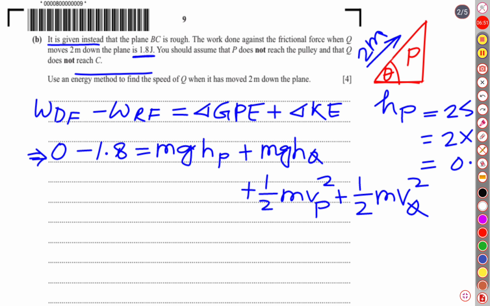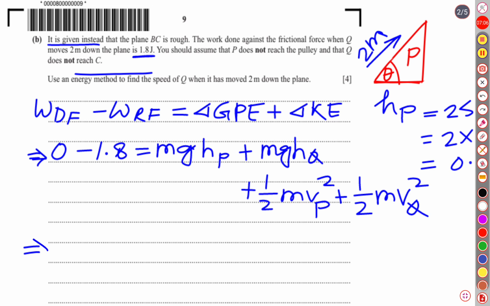As there are two particles, we will have to write the change in GPE of each of the particles, at the same time the change in kinetic energy of each of the particles. Please don't get confused with this.